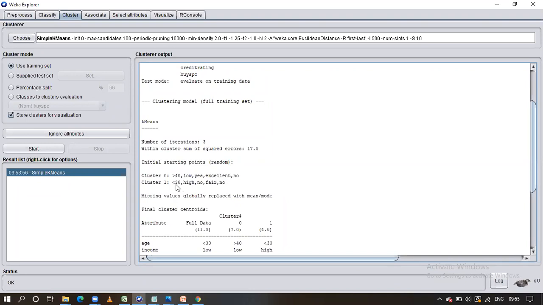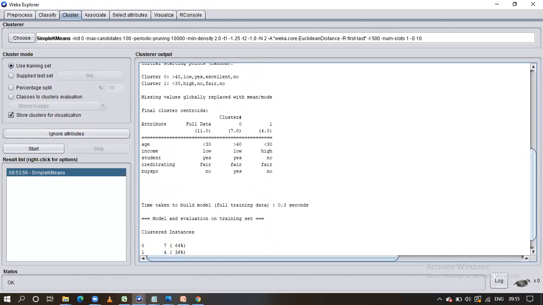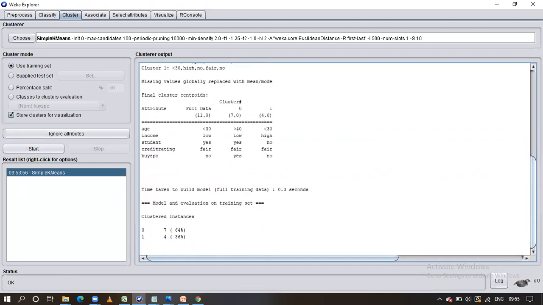Cluster 1 information is less than 30 for age, high for income, student no, fair for credit card rating, and finally no, not able to buy a computer. This is related to cluster 1. So this is the overall full data and the final cluster centroids.